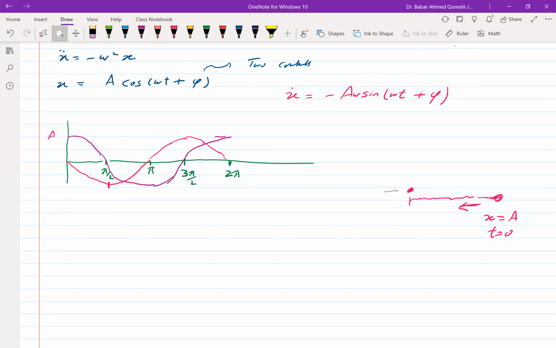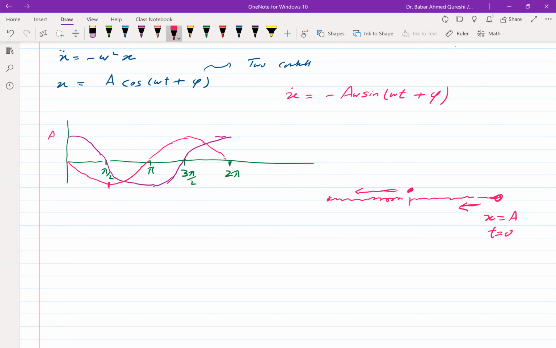And as you cross this line, the speed is still negative. So you cross this line, and the speed is still directed in this direction, but it's reducing. So it slows down.